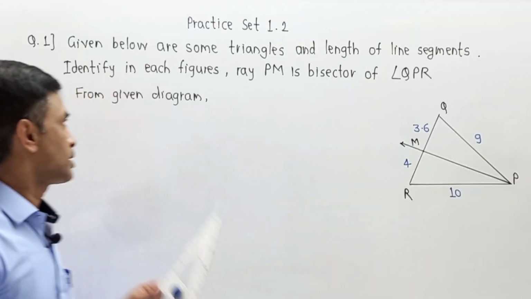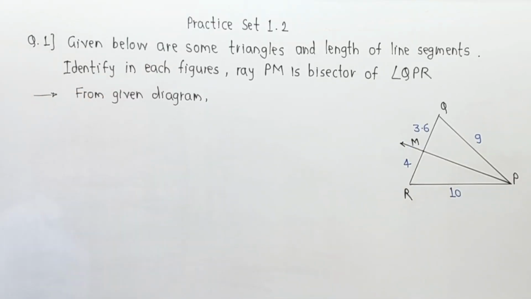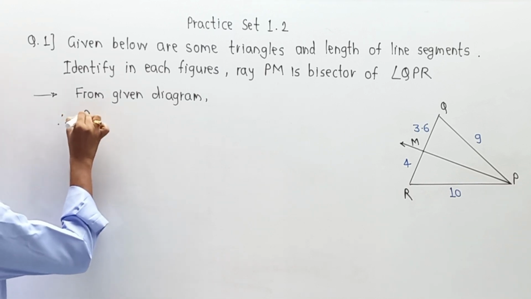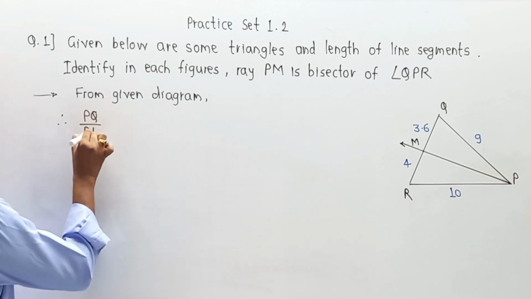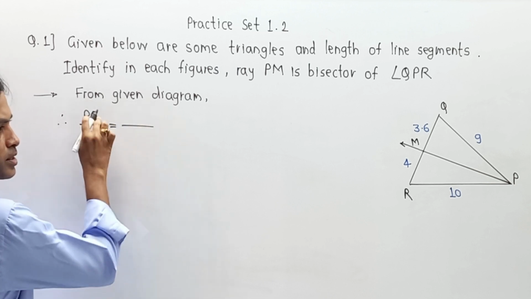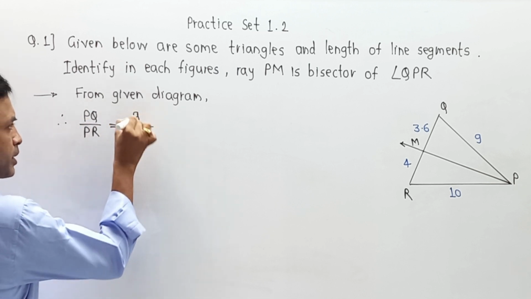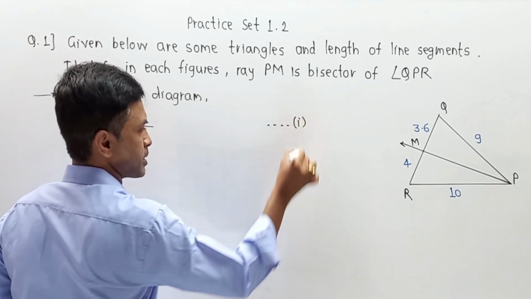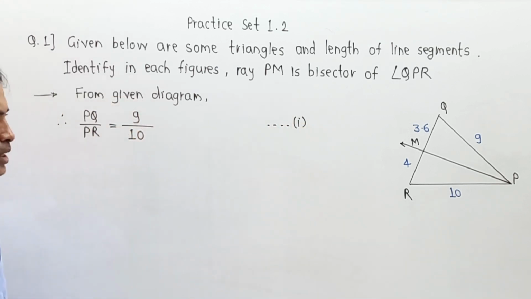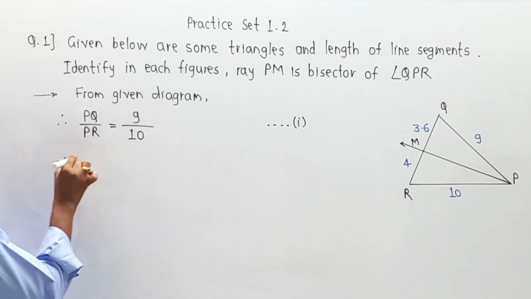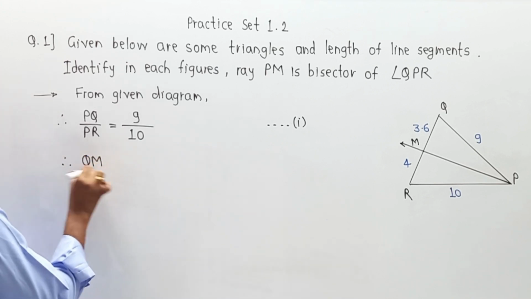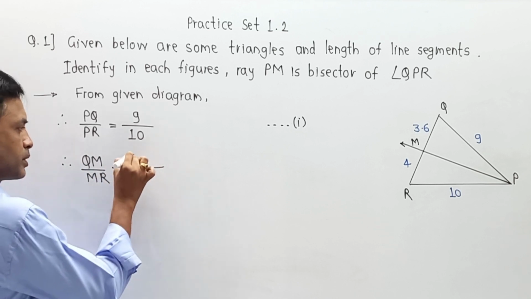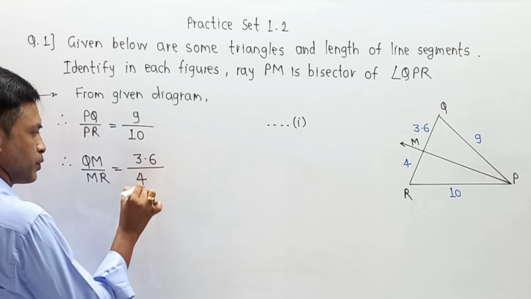So from the given diagram, the first ratio PQ upon PR is 9 upon 10. We cannot simplify it any further, so I am giving it as equation number 1. Second, QM upon MR is equal to 3.6 upon 4.